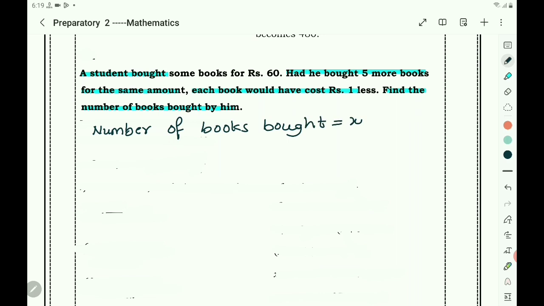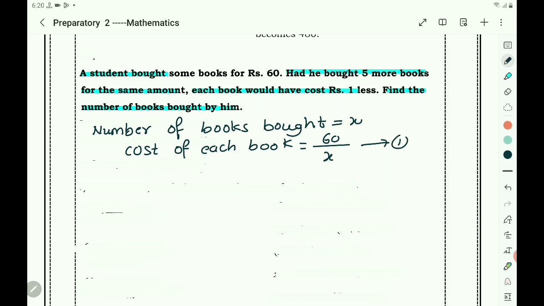Then the cost of each book becomes, cost of each book equals total amount divided by number of books, that is 60 by x. Consider this is the first one.